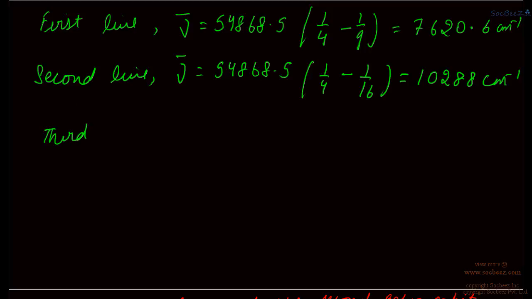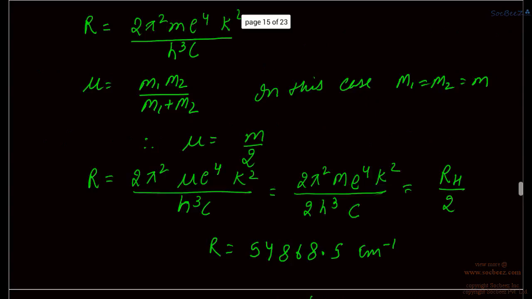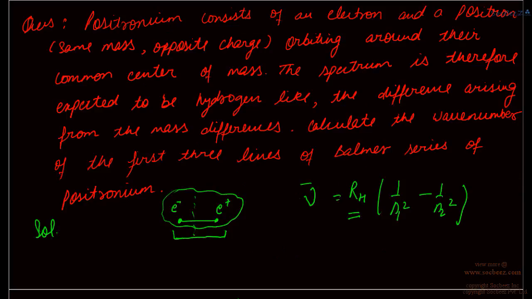And for the third line, nu bar equals 54868.5 times 1 upon 4 minus 1 upon 25, which equals 11522 per centimeter. So these were the answers that we were supposed to get.